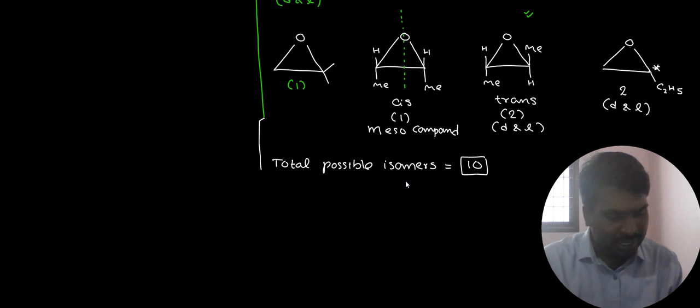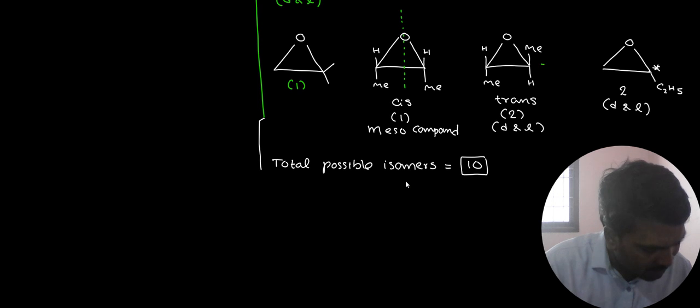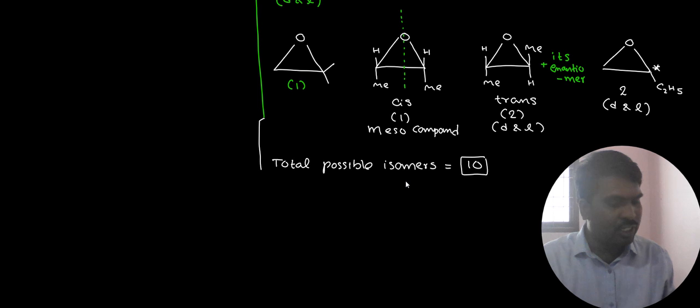But coming to the next molecule, two methyl groups on the opposite side, so it is trans. Here no plane of symmetry exists. That's why this compound plus its enantiomer, meaning dextro and levo.